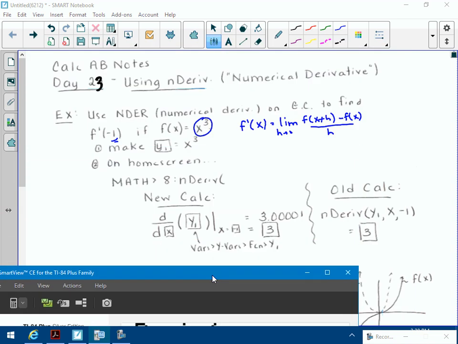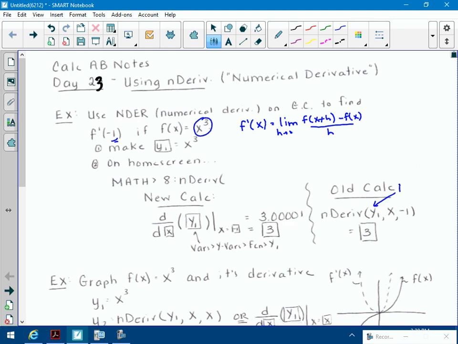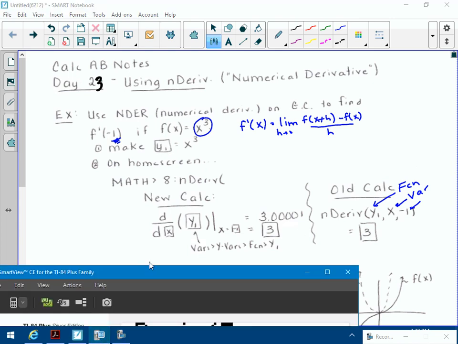The order is always the function, so in this case, the thing I stored in y1, then the variable, which is always going to be x, and then the actual x value that I want to evaluate, with commas in between. So if you have an old calculator, you just have to know to do that order.